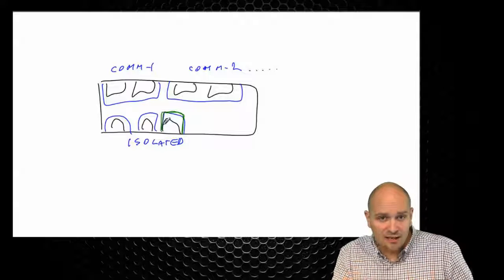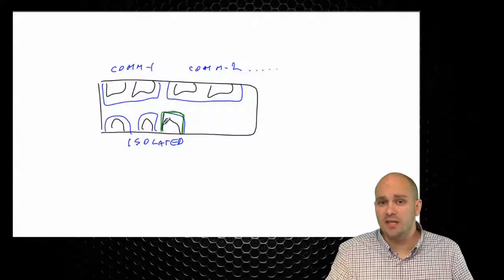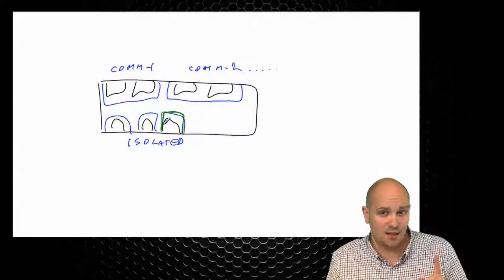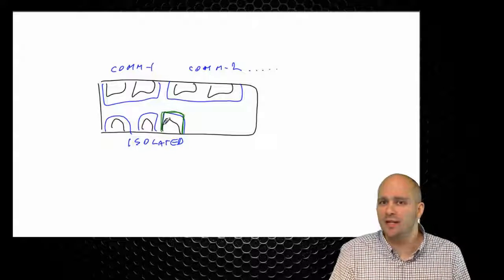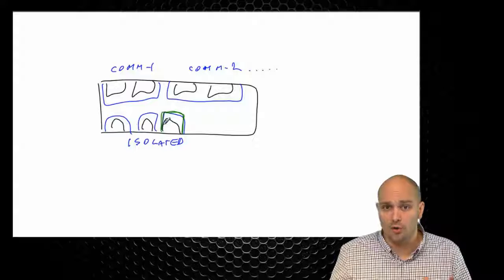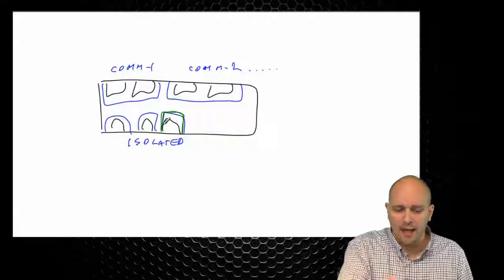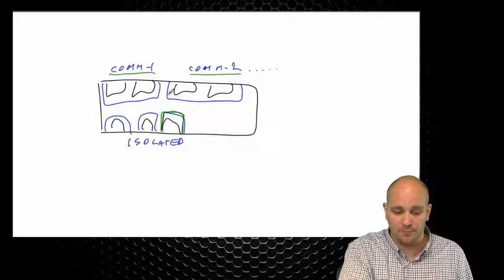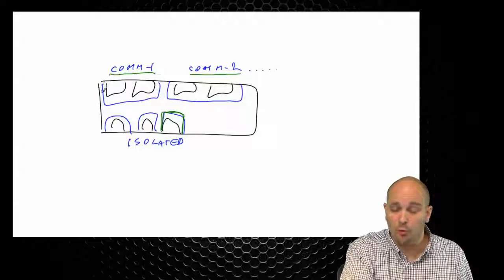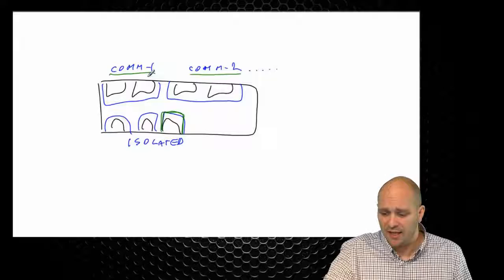So the real reason why we can have only a single isolated VLAN in this arrangement is because we really have no need to have more than one isolated VLAN. Now, we can have multiple community VLANs because we can have multiple arrangements like this where we have different clusters.